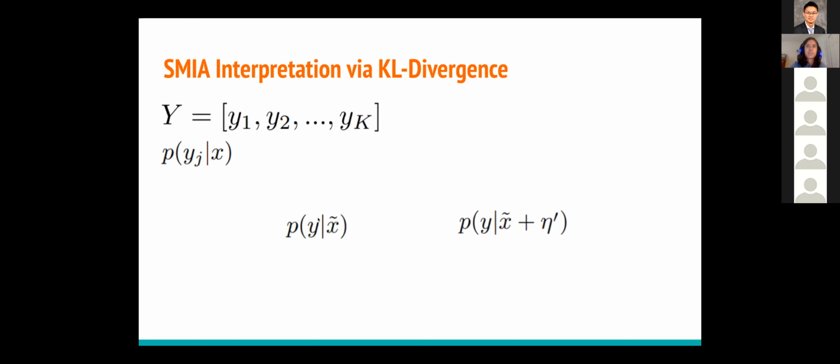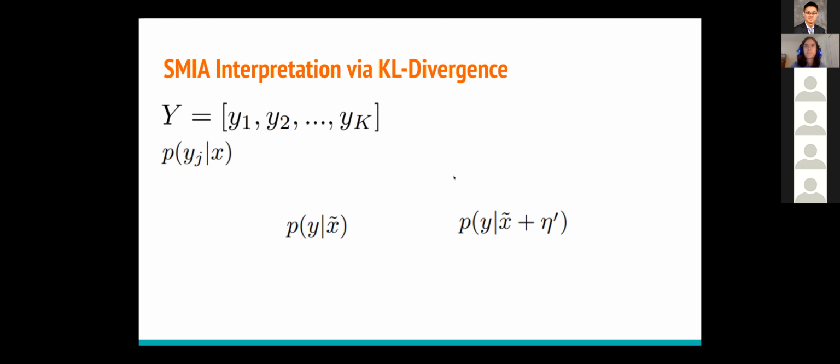So we can get our two probability distributions, one for our augmented image, and then one for our augmented image after some modification happens to it, such as Gaussian smoothing. Here, eta prime is just how much each pixel in our augmentation changes after it's gone through Gaussian smoothing.